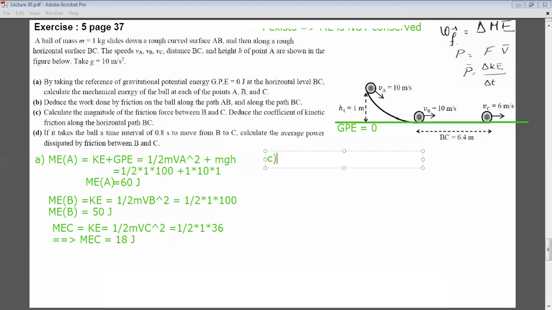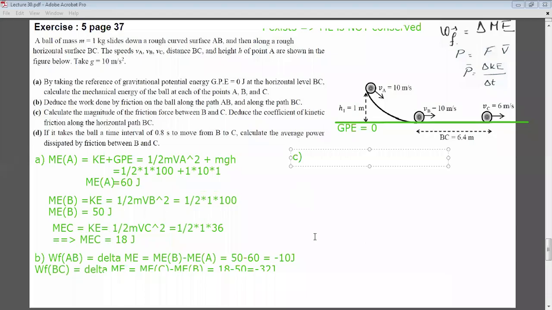We have calculated the work done by friction between B and C. Oh, sorry, I deleted it here. Let me do it quickly. So we are going to use the work done by friction between B, C.